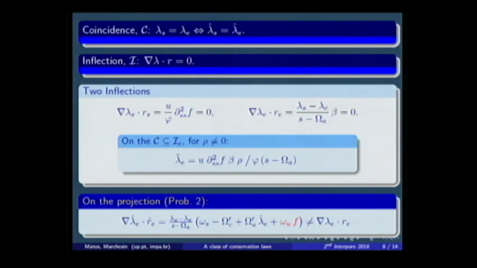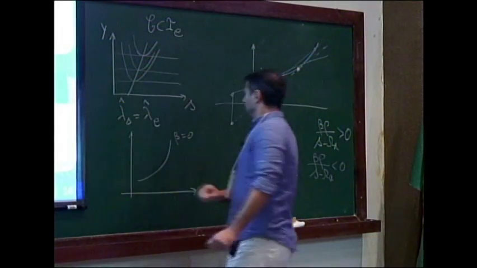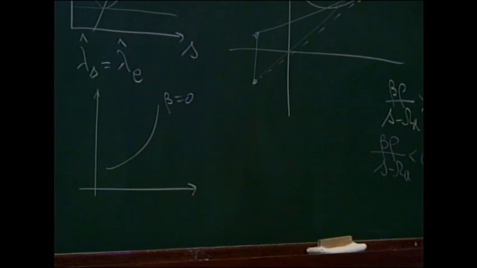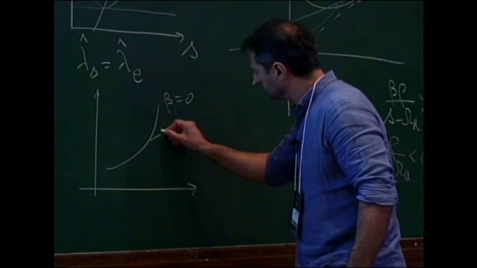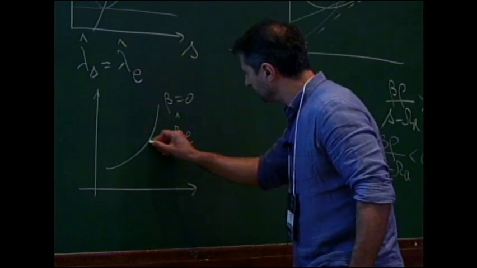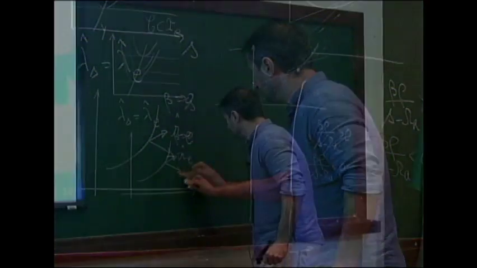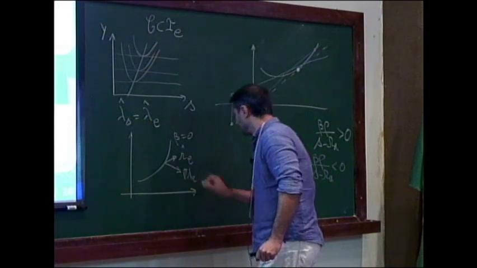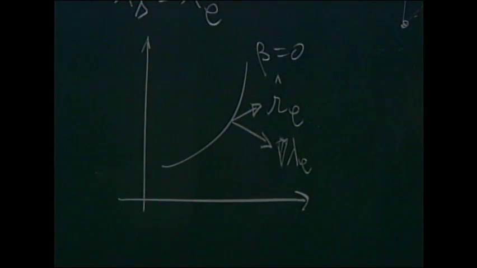So the inflection that contains the coincidence also contains the points where beta is 0. And here, the projected eigenvector and the gradient of lambda E are not perpendicular. So we cannot realize on the projection that we are in the presence of inflection.